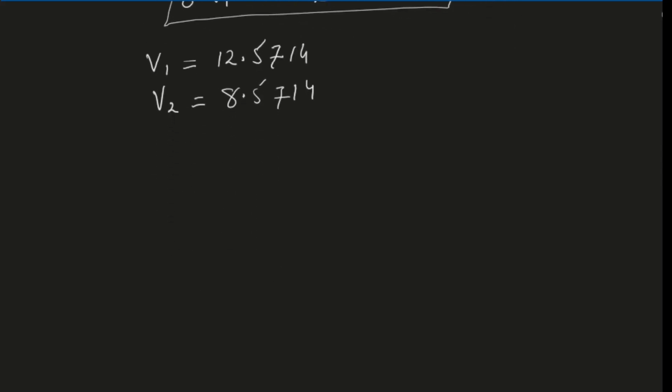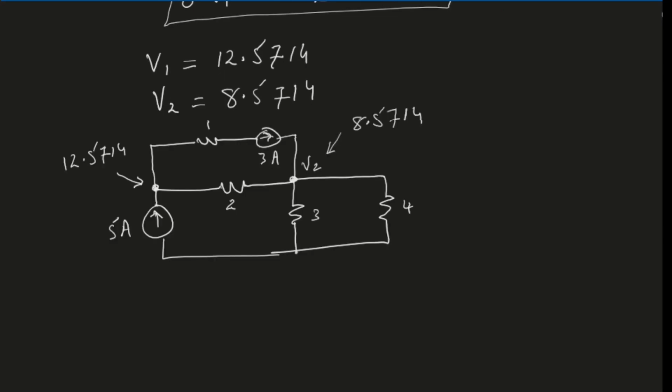Now let's check if this is correct. I will redraw the circuit here. We have calculated V1 and V2 to be 12.57 and 8.57 respectively. Looking at these numbers, I can see that the voltage drop across the 2 ohm resistor is 12.57 minus 8.57, so this is 4 volts.